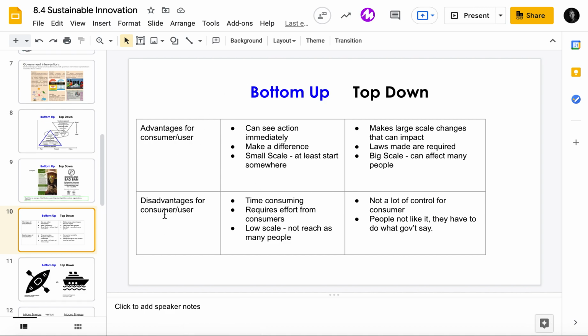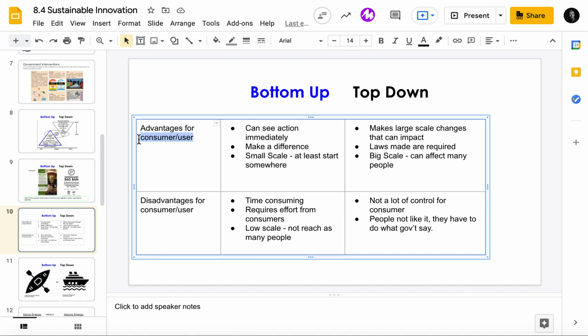Some advantages and disadvantages. This is specific to the consumer and the user. So at this small scale, they can make lots of changes really quickly, which is a big advantage. However, sometimes it takes time, lots of energy on the consumer's part, and you can't reach everyone. Versus if it's top down, big change can make big impacts.